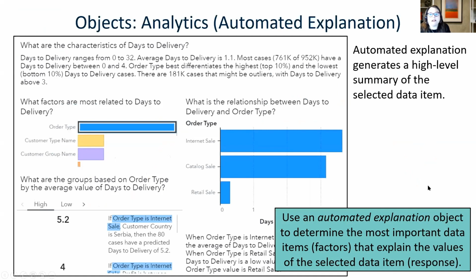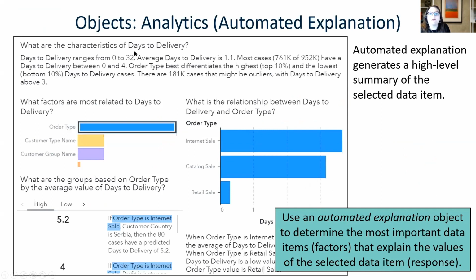In Visual Analytics, there is a visualization called Automated Explanation. An automated explanation will go into a column and basically run as many algorithms on it that it can. So it gives me this very high level summary information about the column I selected.